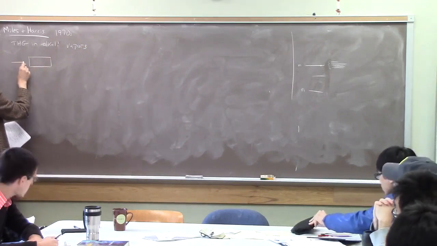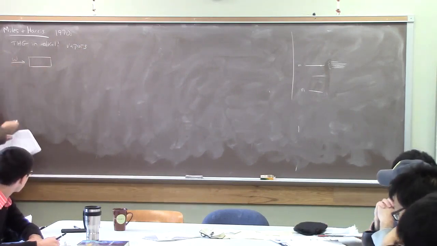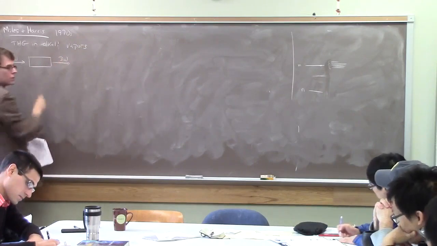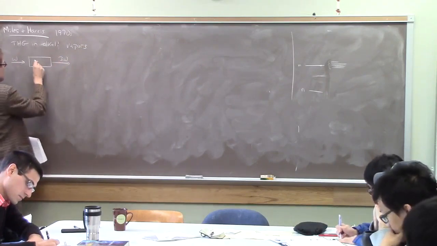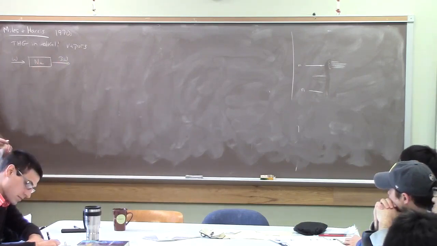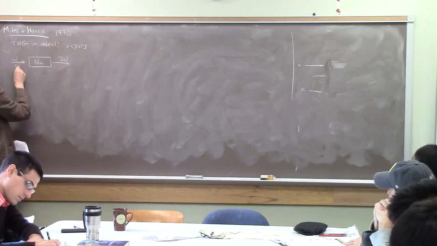So here's an example. You take light at frequency omega, and you're trying to turn this into light at frequency 3 omega. Let's say you have a vapor of sodium atoms.